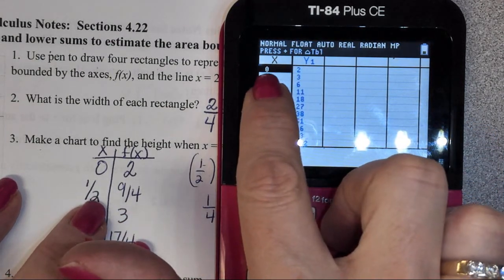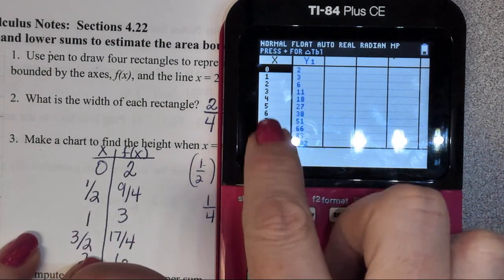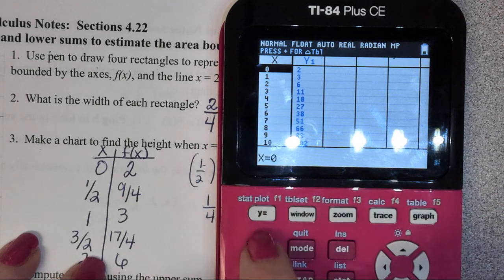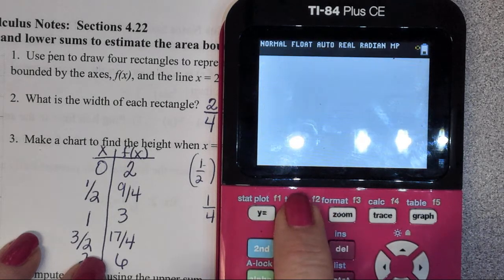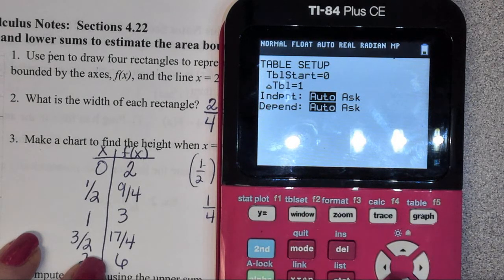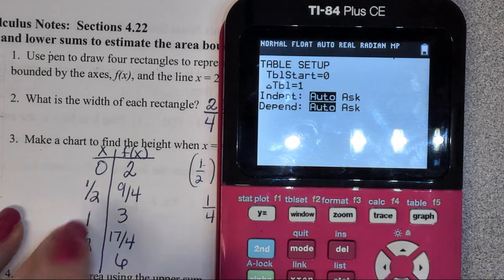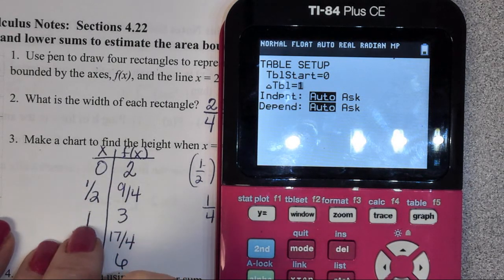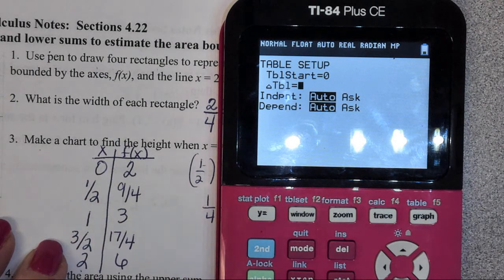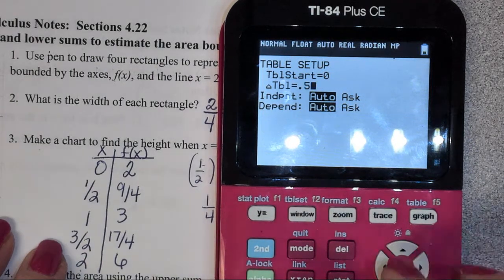But I'm not seeing 1/2, 1.5. So what can I do to change the way this table is working? You can just type in a value. I could, but I can also go to second window, and I can go to table start at 0. What do I want it to increase by every time? 1/2. So I'm going to do 0.5.